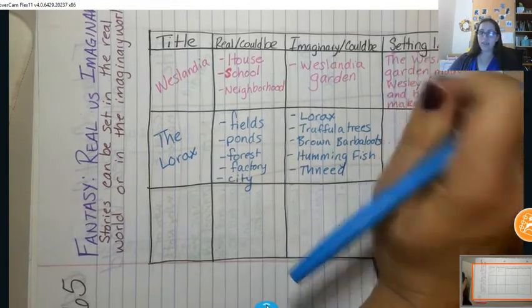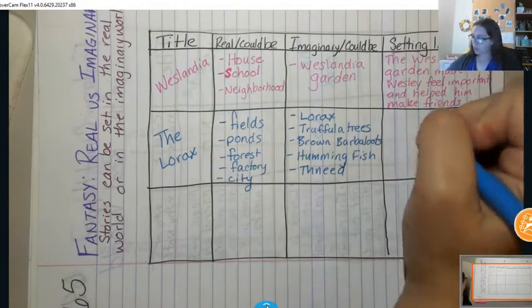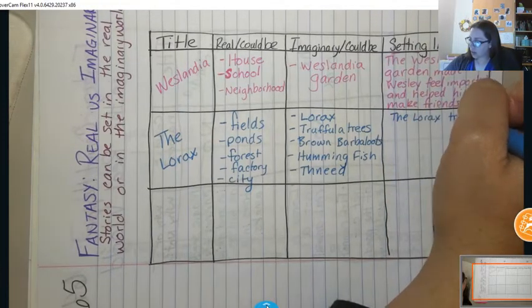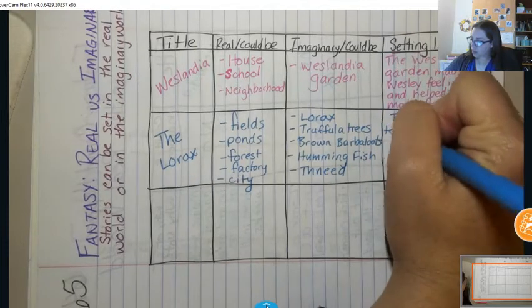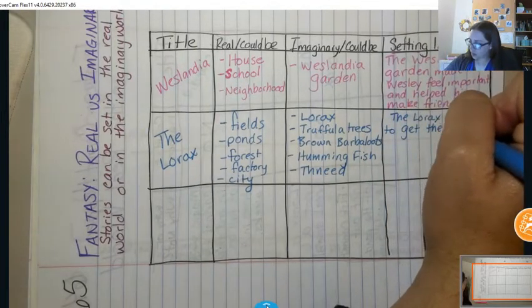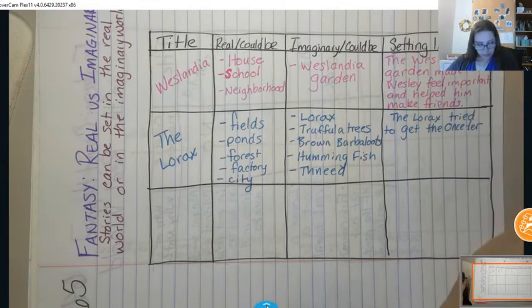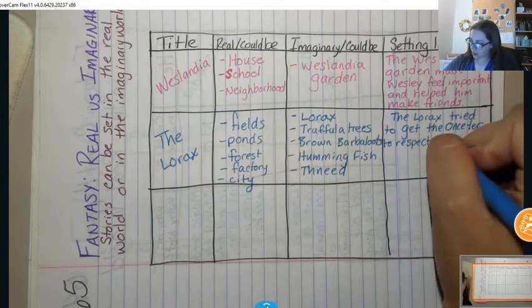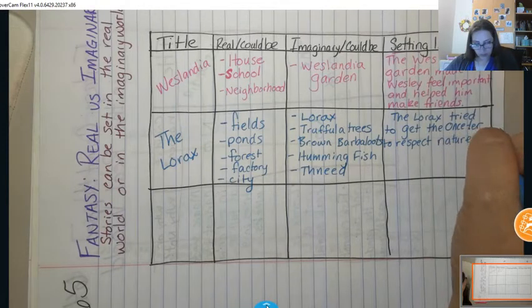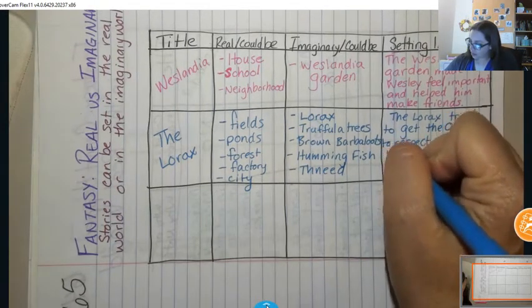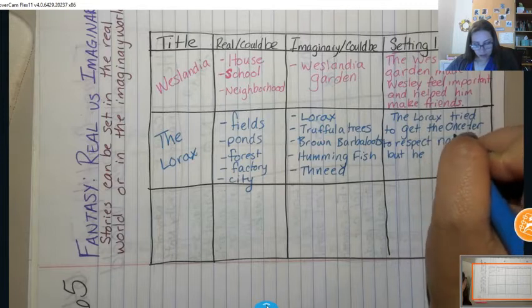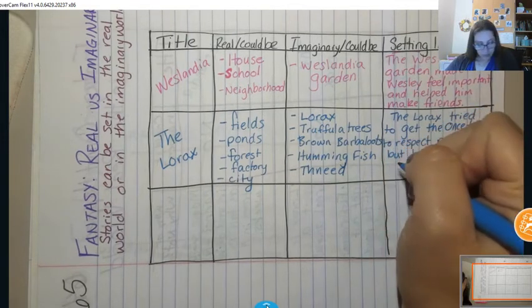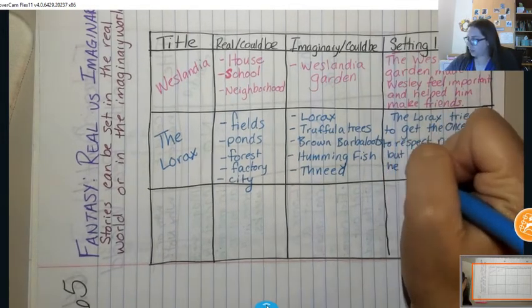And it really sets up the importance of the whole story, because the Lorax tried to get the Onceler to respect nature, but he didn't, and he destroyed the environment in that area.